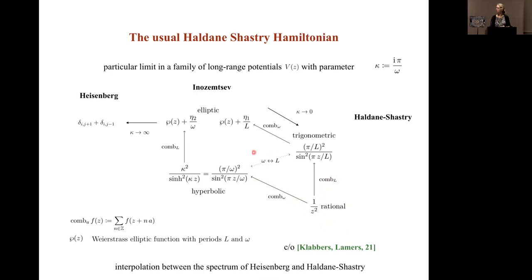So all these models are related through periodization in different directions and different limits. The nice thing is that these two limits, Heisenberg and Haldane-Shastry, have algebraic structure.